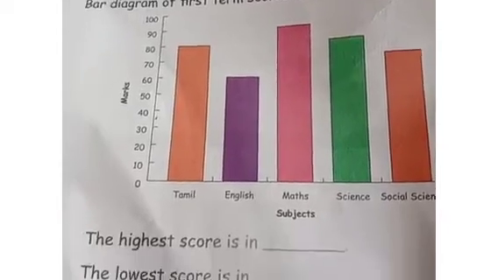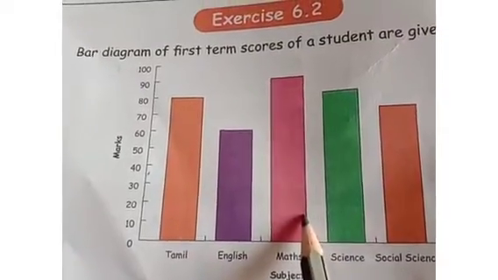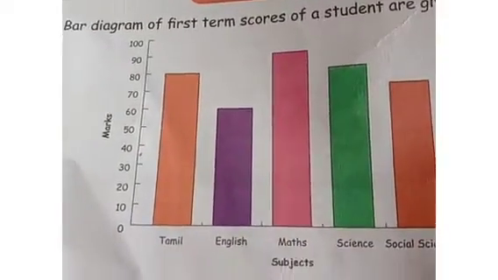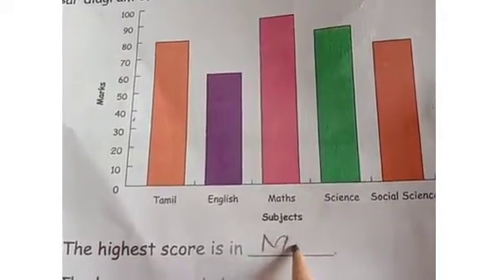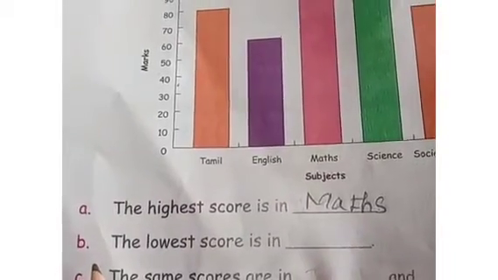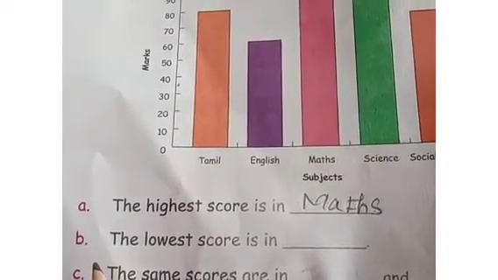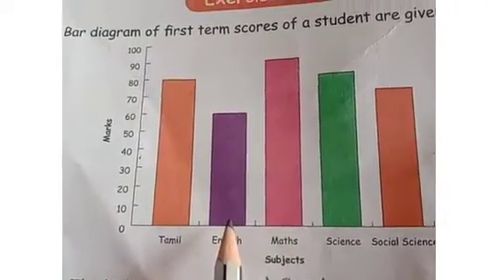First question, which subject has the highest score? Here, Maths has the highest score. The highest score is in Maths. Second question, which subject has the lowest score? English has the lowest score.